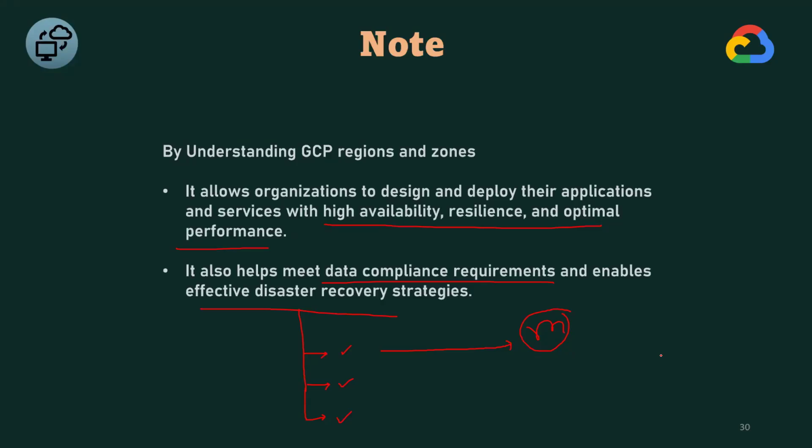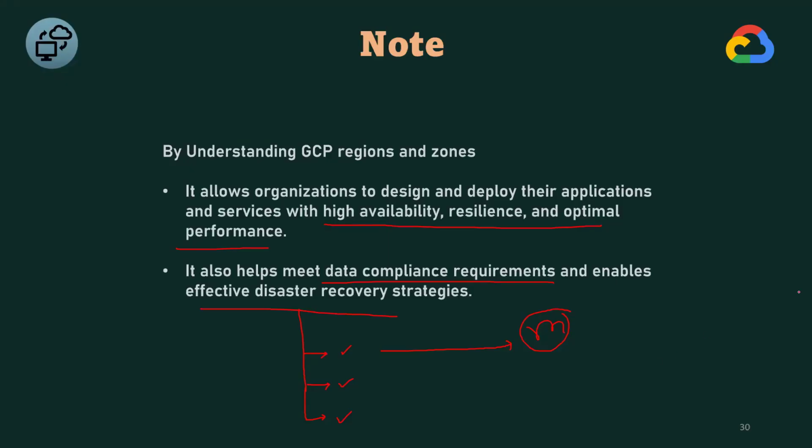Any other questions, guys? Okay, so this is the GCP locations concept, guys. We started without knowing what GCP locations are. Now we have some idea, right? GCP locations is a very basic concept which comes into each and every service.